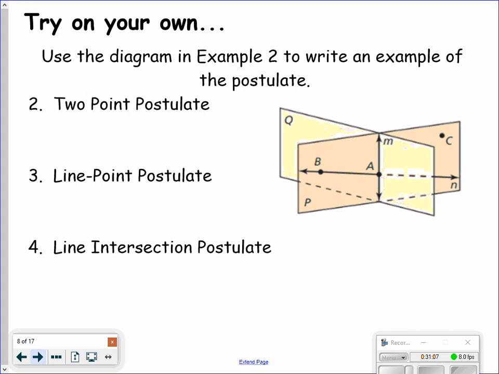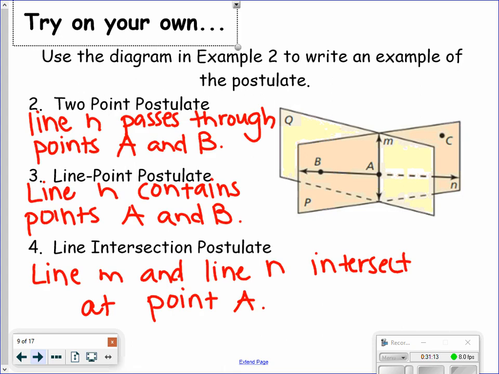You're using that same picture. Okay. Here are the answers to those.